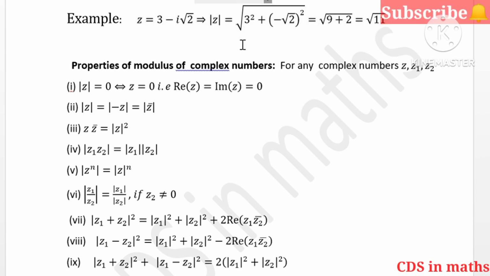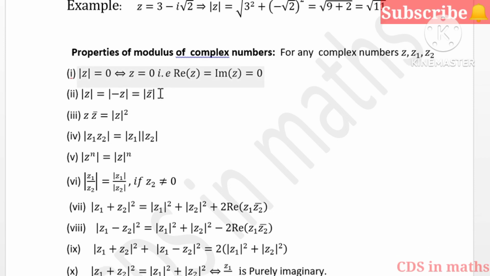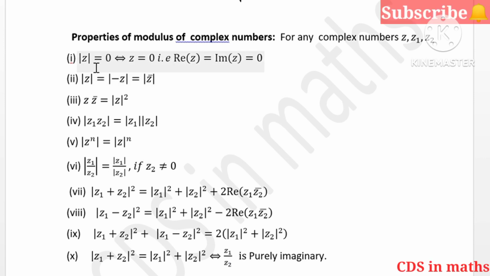Now, what is more important for us is the properties of the modulus of a complex number. These properties are very useful. So I'll discuss these properties here. For any complex numbers, say one complex number z, and others z1 and z2, the first property is: if mod of z is 0, this implies that the complex number itself must be 0.